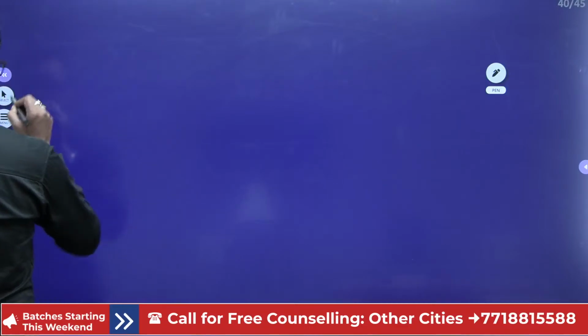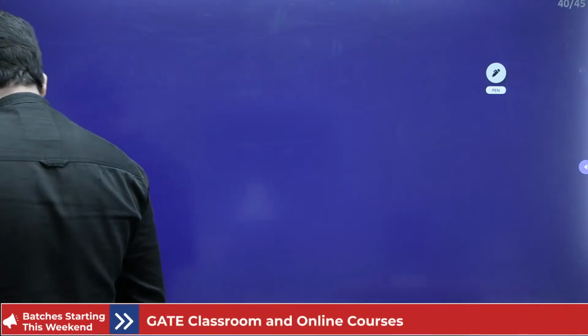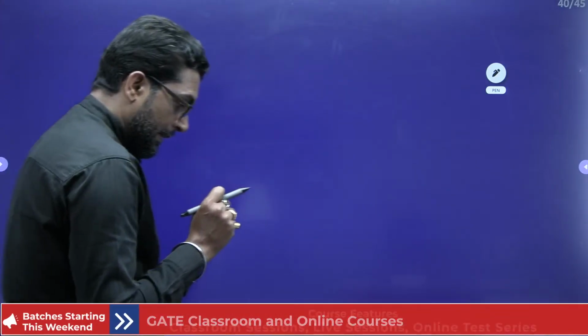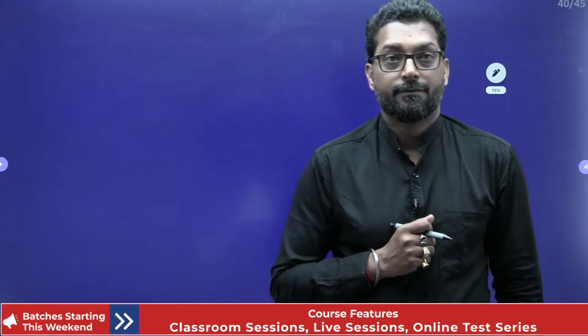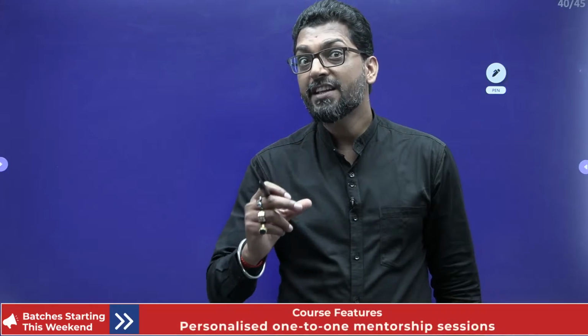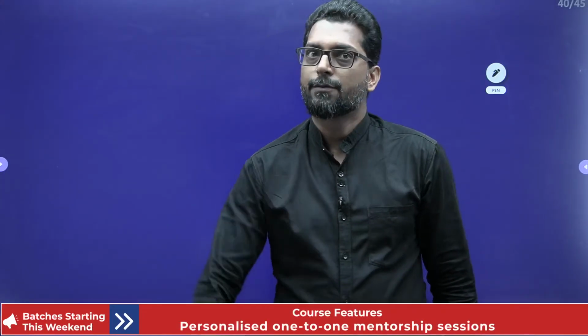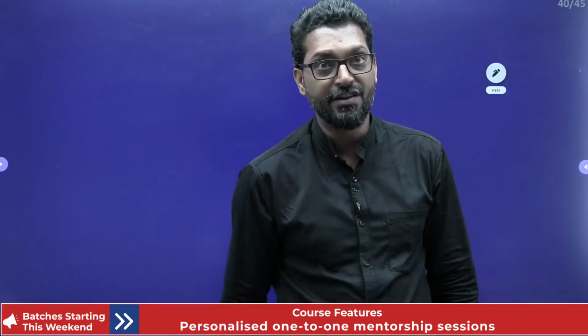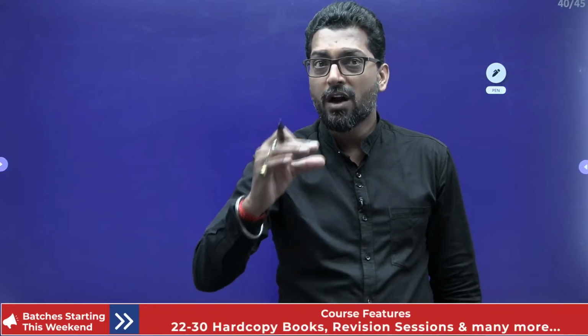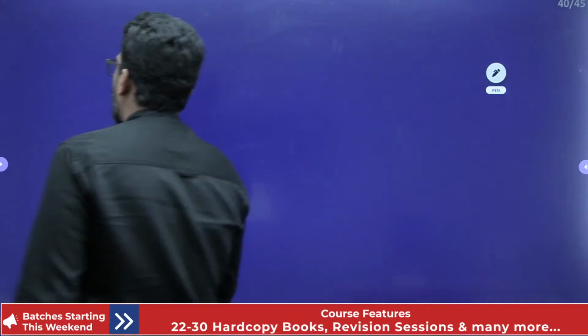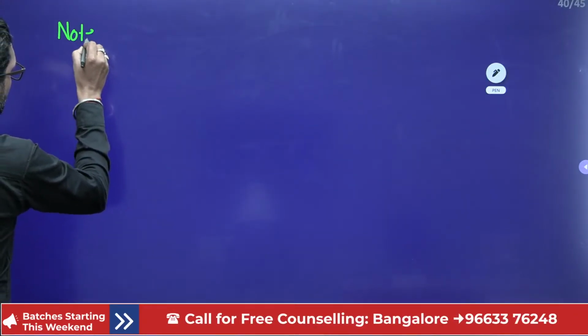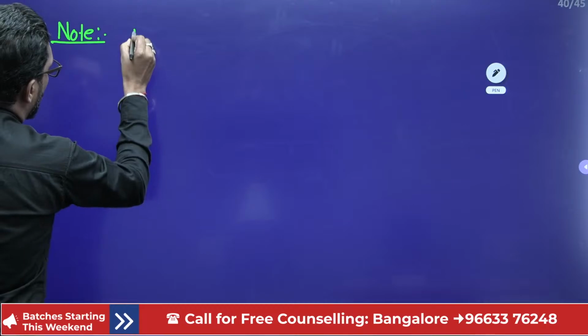Always note: in the Carnot cycle, the temperature limit is fixed. That means you cannot change the temperature range, and the cycle works between the high temperature and the low temperature. This is the first point.